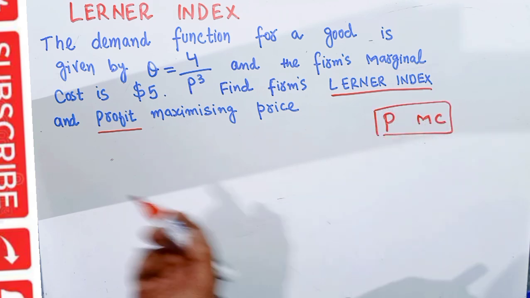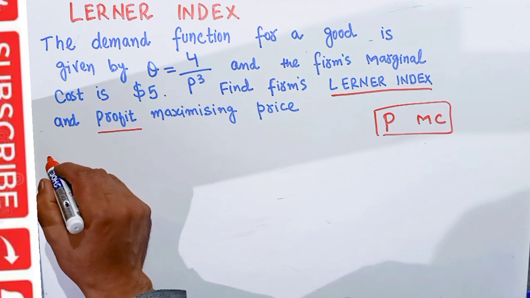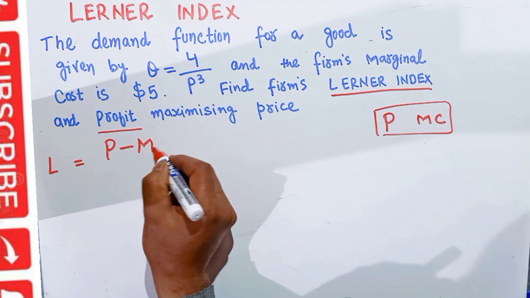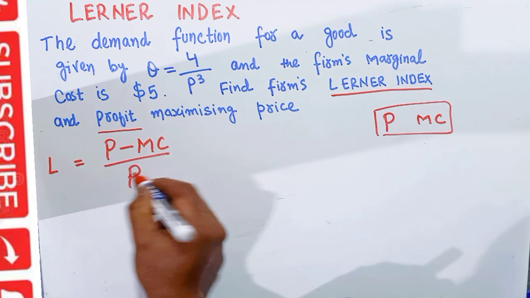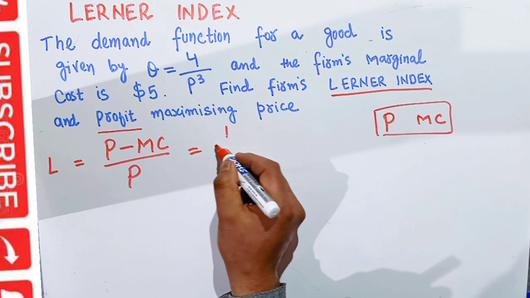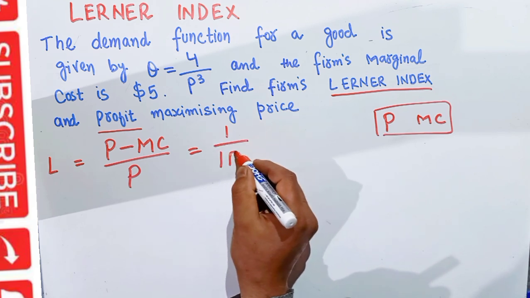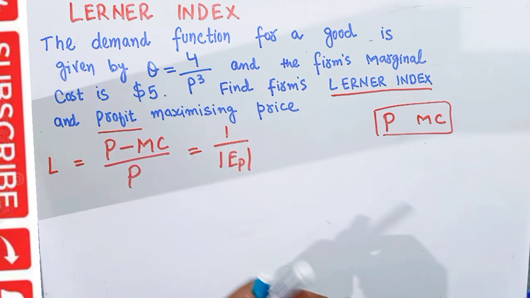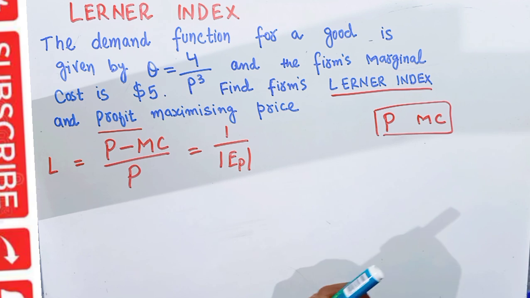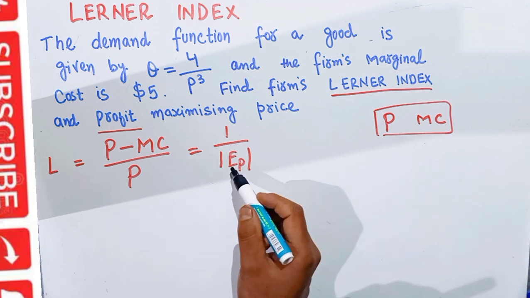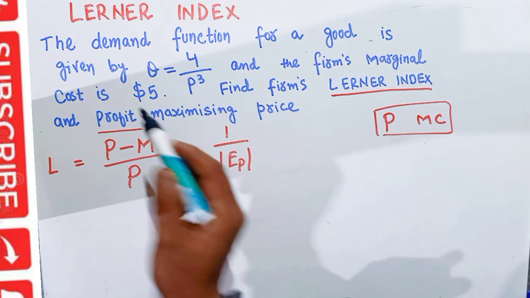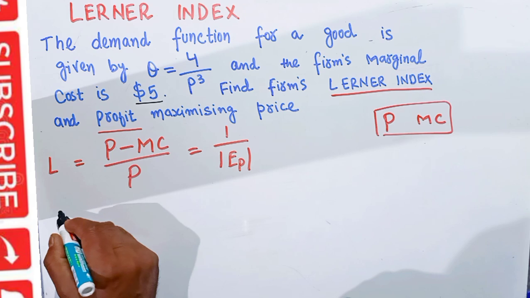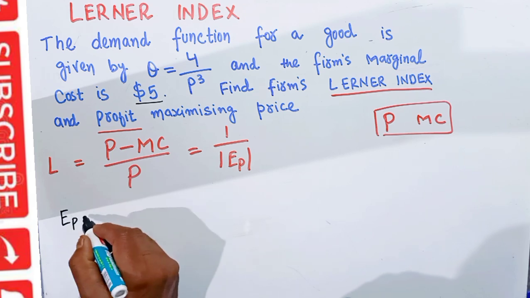Lerner's index, let's denote it by L, is given by price minus marginal cost upon price, which is equal to 1 upon the price elasticity of demand. This relation shows us the Lerner's index. So that means we need to first calculate the price elasticity of demand. Marginal cost is given to us here. So let's first calculate the price elasticity of demand for the given demand function.